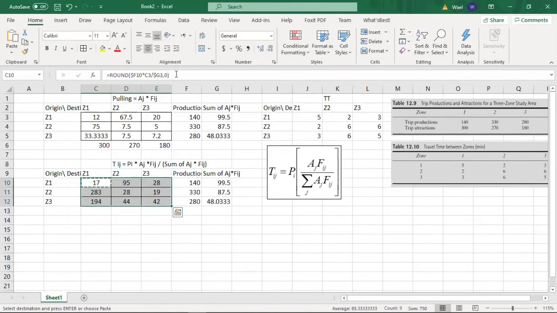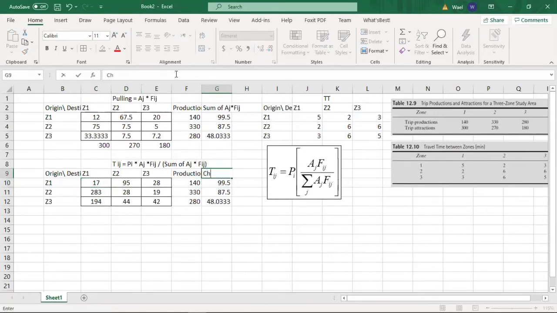Now let's check on the sum of these trips. Check: sum of trips here equals summation.